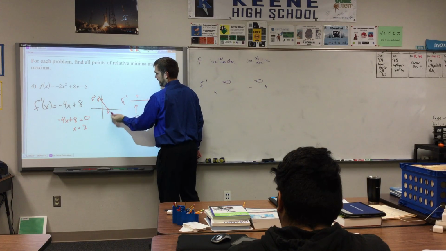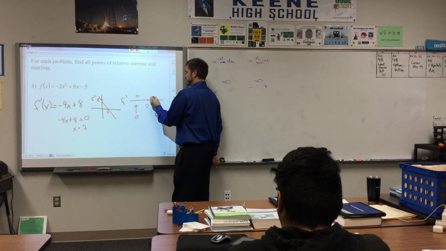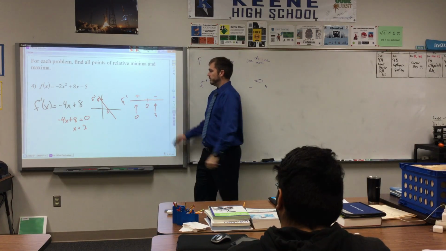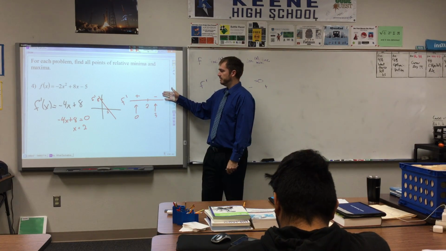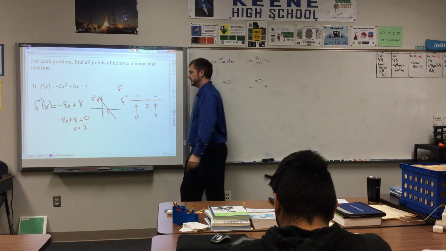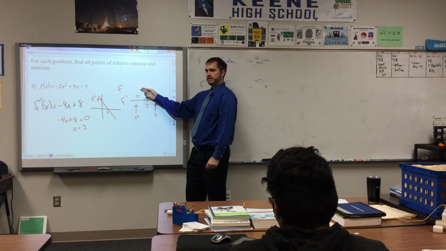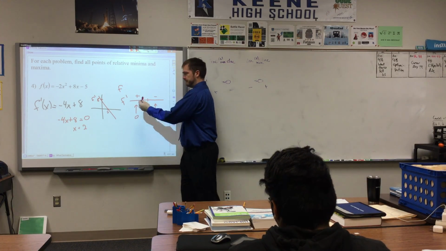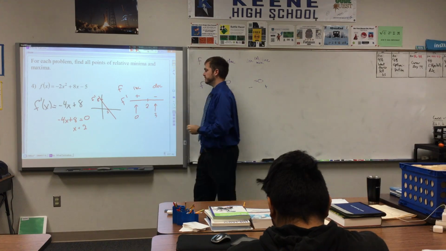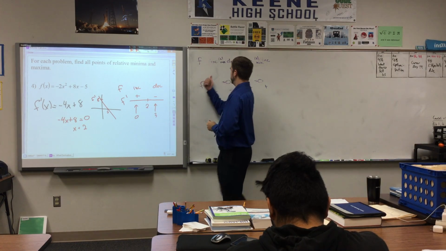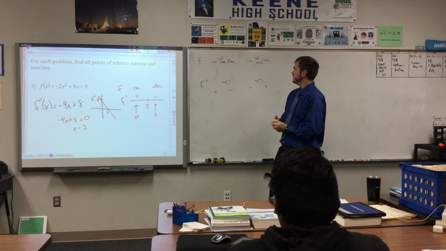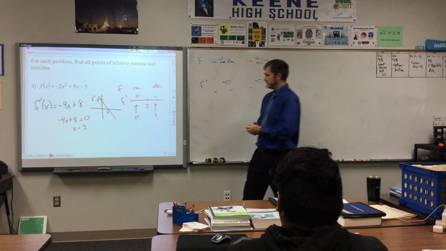We can tell from the graph, or we could plug in a value. 3 times negative 4 is negative 12, plus 8 is negative 4. We know the derivative is negative right there. That tells us that the original function is doing what in this region? Going up and down. So it's increasing and decreasing. And then, applying this knowledge, that tells us that at x equals 2, we have a relative maximum.